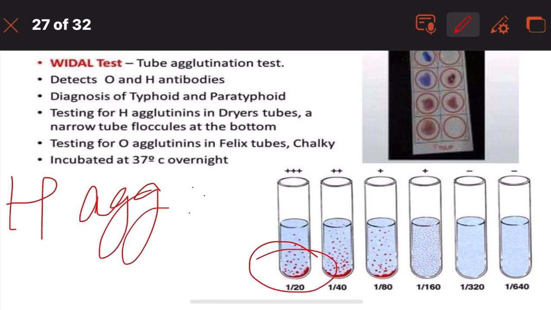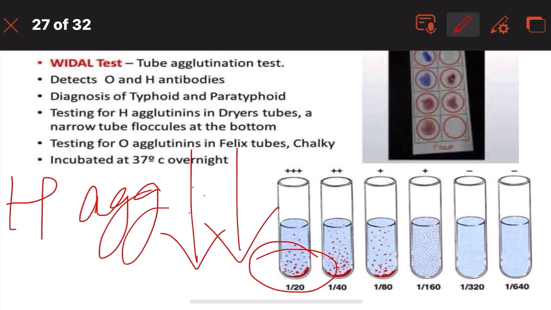If narrow floccules are seen in the tubes, it shows that the infection is less severe. Okay, lower concentration or a weaker interaction, low titer of H agglutination, or less severe infection.